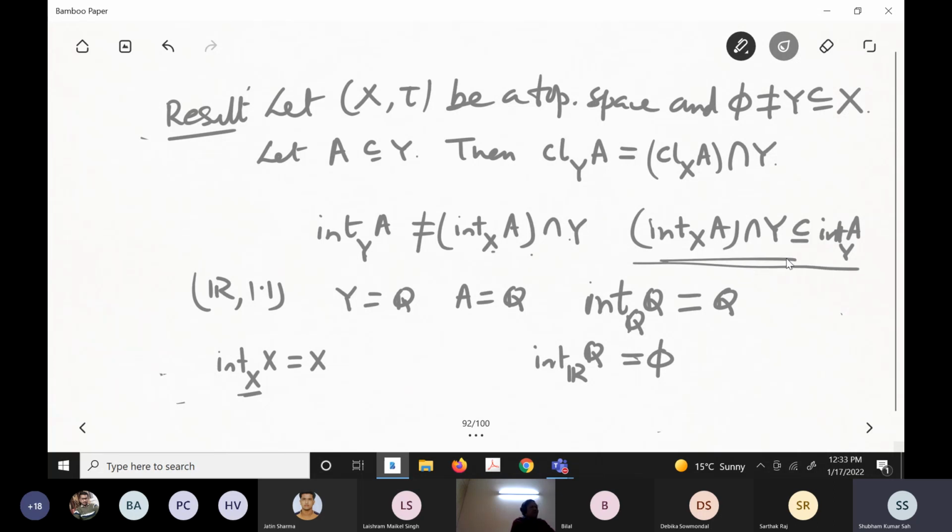So be careful about interior. Interior makes problems; closure behaves much better. So for closure it is true, for interior it need not be true. Here the simplest example is the one I have taken. All these results you should prove. That will be good enough for subspace.